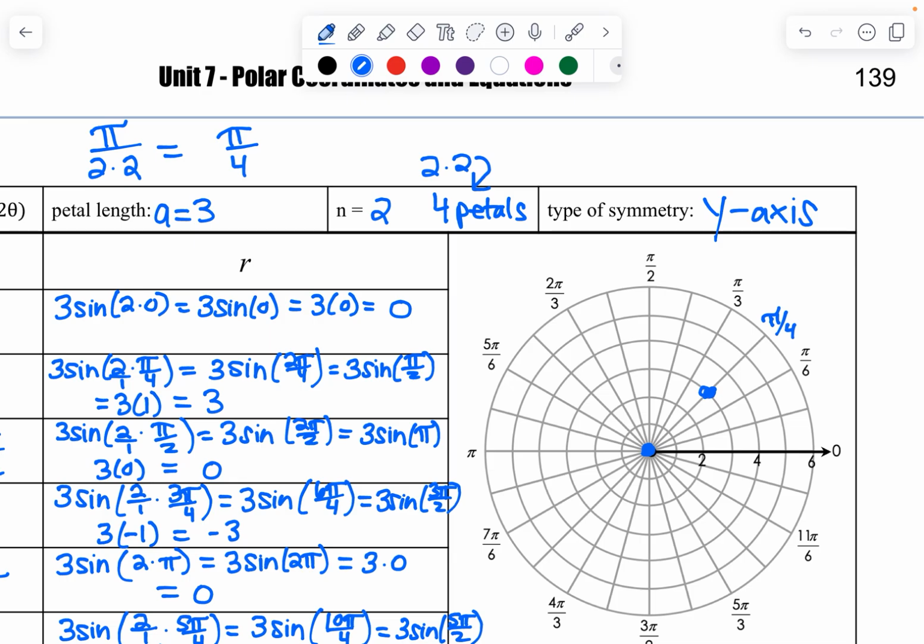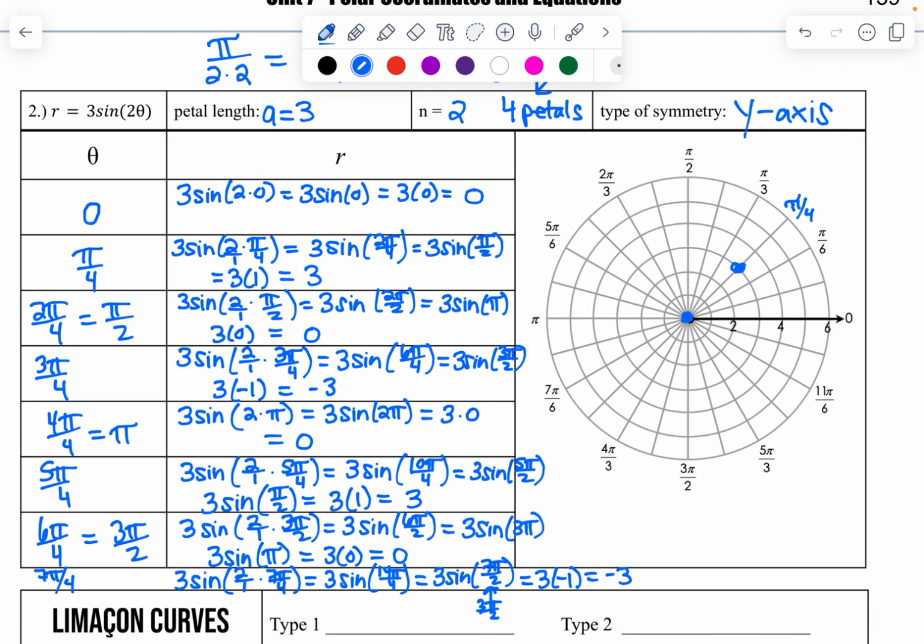And then we're back at 0 at 3 pi over 4. So over here would be 3 pi over 4. We're at negative 3. So rather than here, we've got to send ourselves, add pi to it, be over here at 7 pi over 4. Or just send yourself through the origin to the other side. So we'd be there.